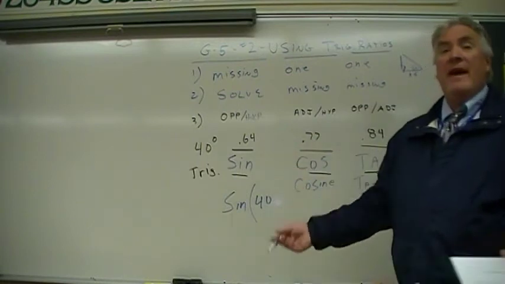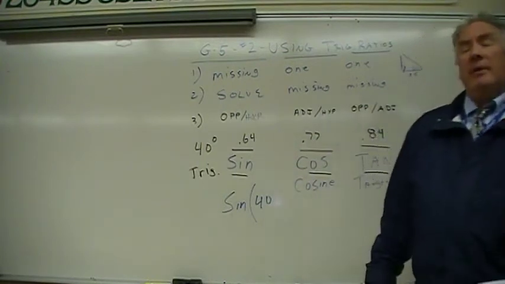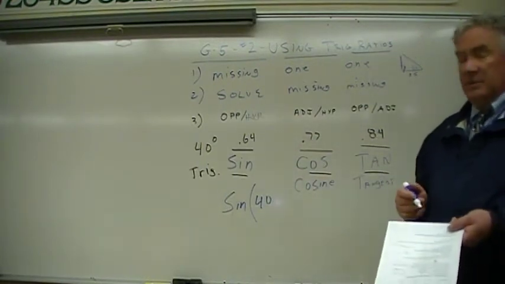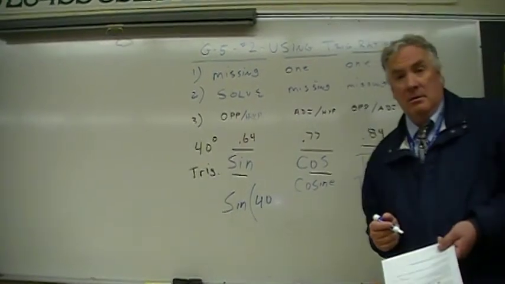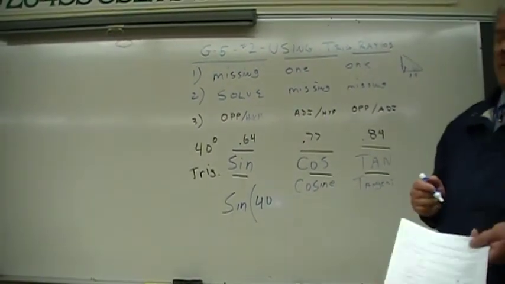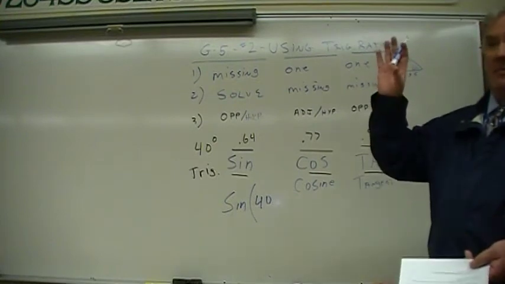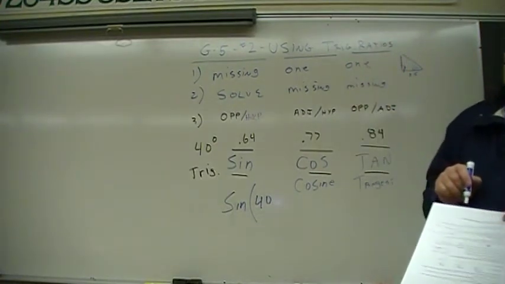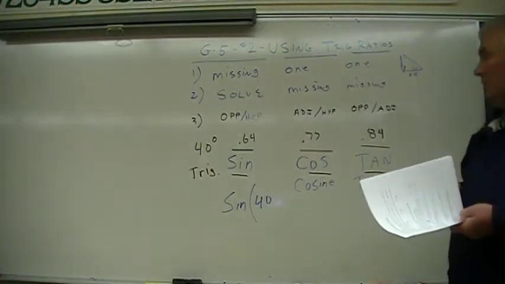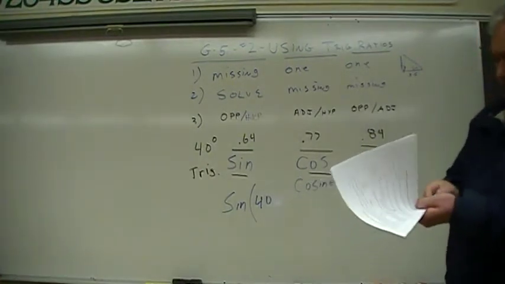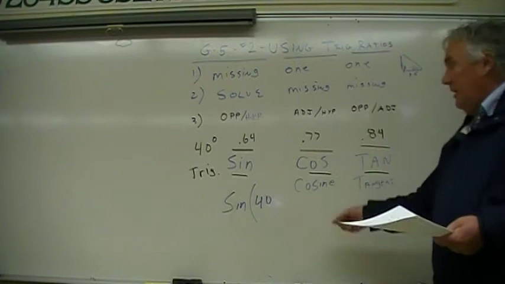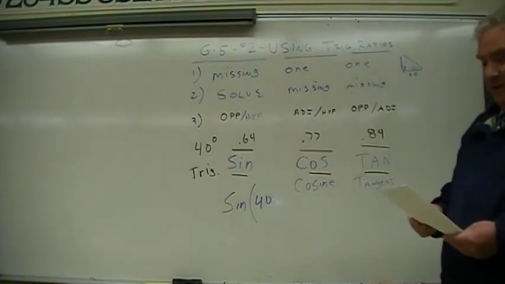That's the ratio. That ratio is always there, and it's built into the calculator. When I was younger, we didn't have the calculators, and we had to have a big chart like the one we did on the board the other day. So these give us our information for sine, cosine, and tangent.